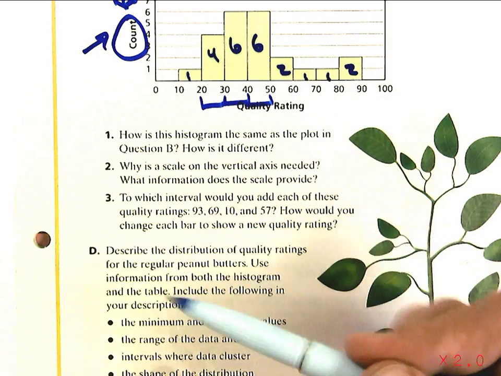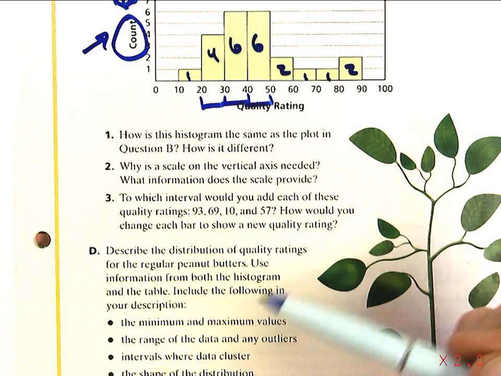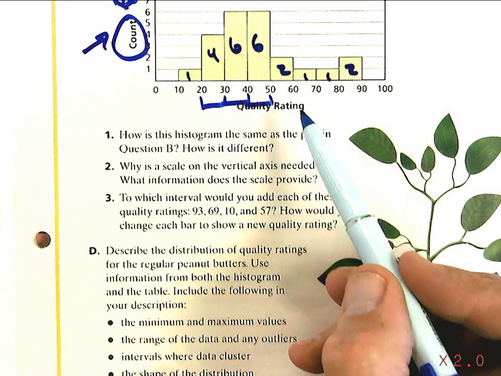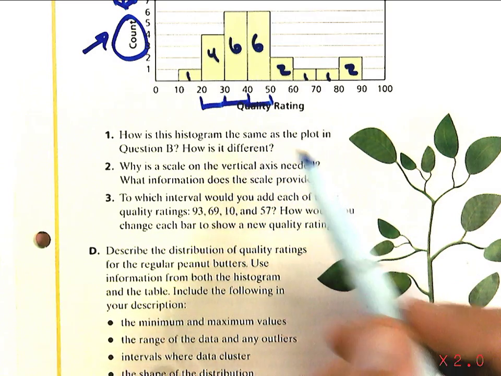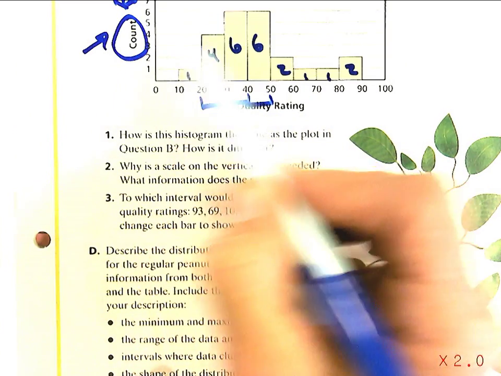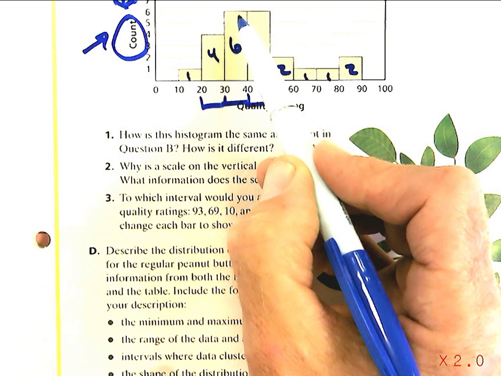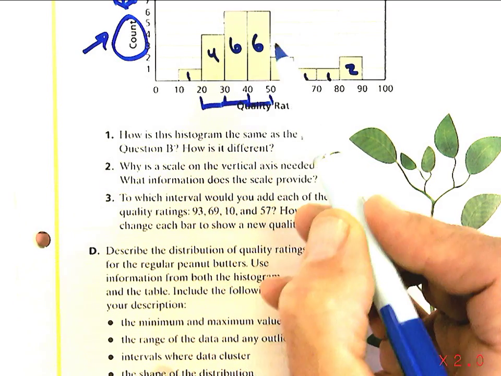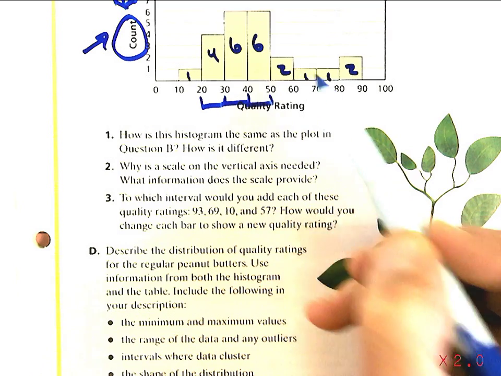If we wanted to add things to these intervals, we would add them to the appropriate intervals. The scale on the vertical axis is necessary so that we know how many quality ratings are in each of the bars. And so that's how we use those.